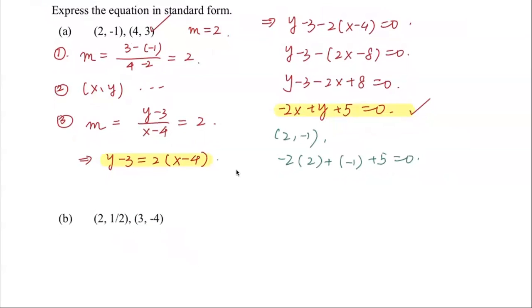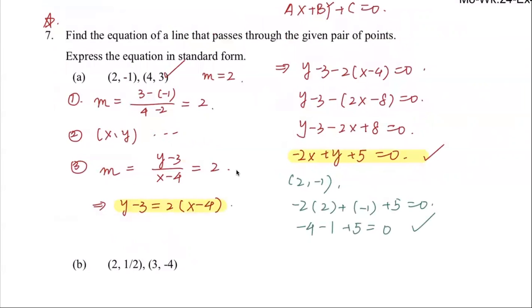Okay, so minus 2 times 2, that's minus 4, right? Minus 4 plus minus 1, that's minus 1, plus 5 is equal to minus 4 minus 1, that's minus 5, minus 5 plus 5, that's 0. So the equation holds. Okay, so this means the expression right here is correct.